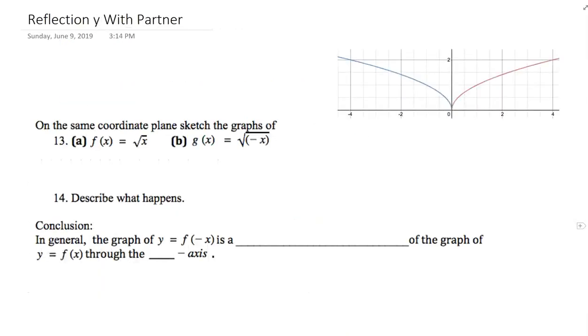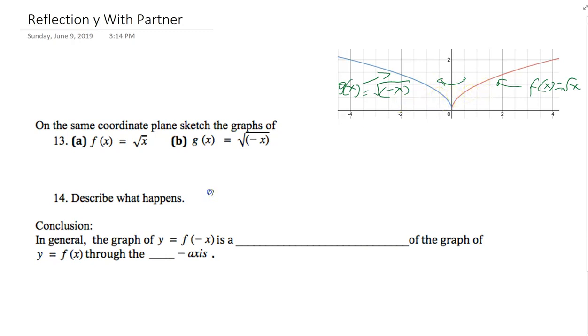The final transformation that we shall look at is, given a graph of f of x equals root x, this red curve right here, and g of x equals the radical of negative x. Notice it seems as if the red curve is flipped across the y-axis.